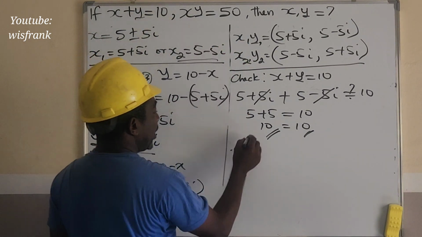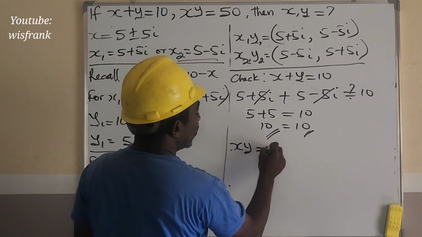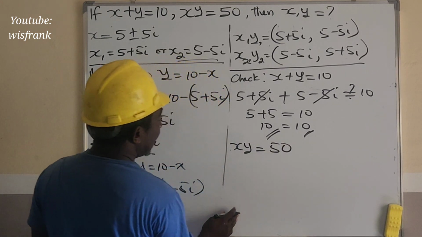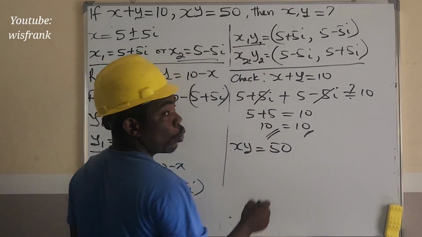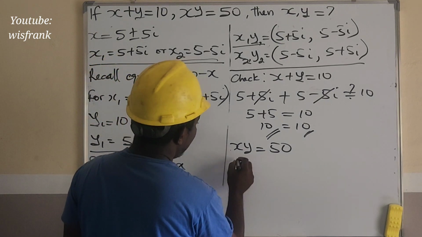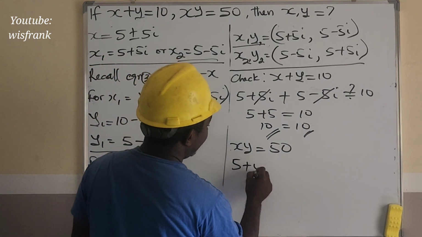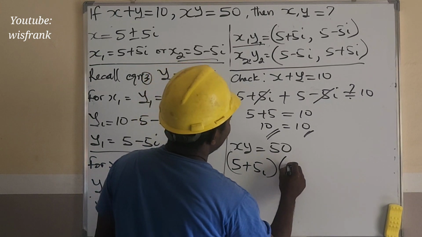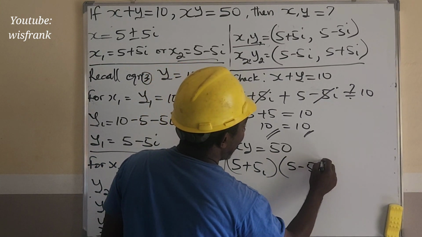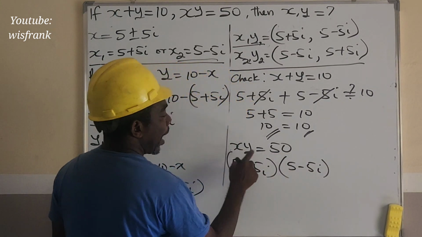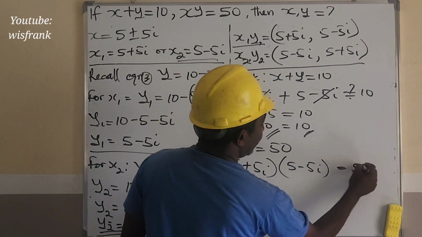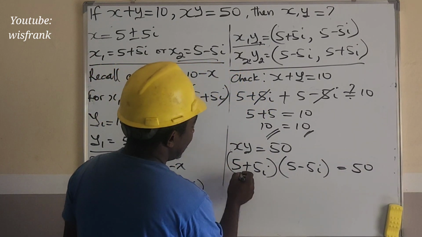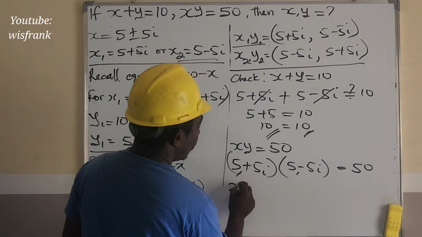Let us check from here, where we have xy equals 50. Still using x1, y1, we have 5 plus 5i multiplied by 5 minus 5i, which is y. Will this equal 50? Expanding this, 5 times 5 gives us 25.